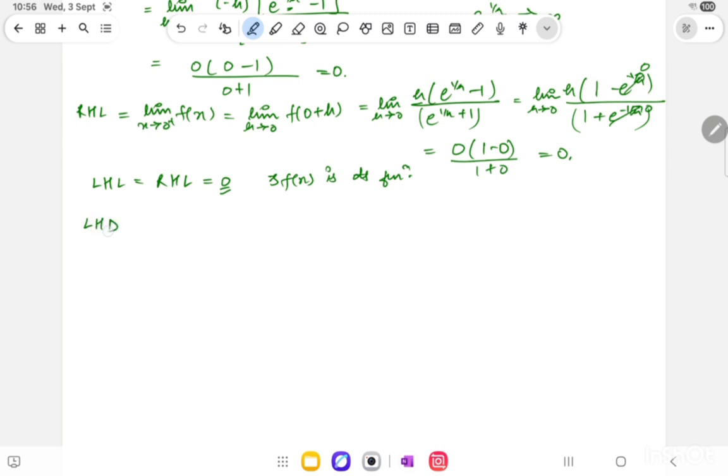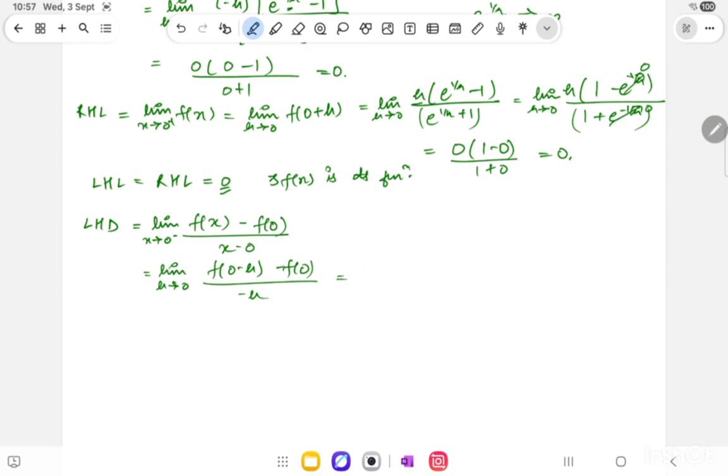So my left hand derivative will be limit x approaches 0 negative f(x) minus f(0) upon x minus 0, that is limit h approaches 0 f(0 minus h) minus f of 0 upon minus h.